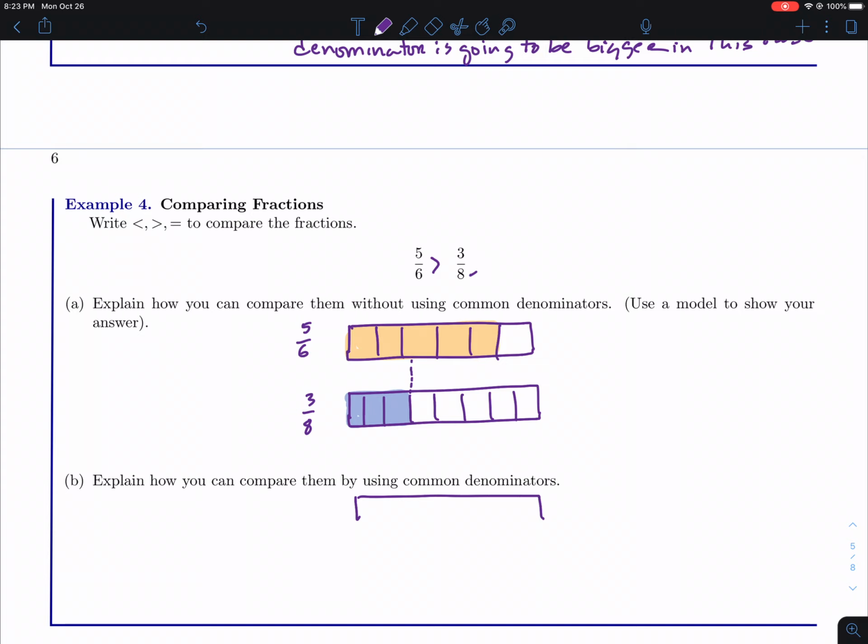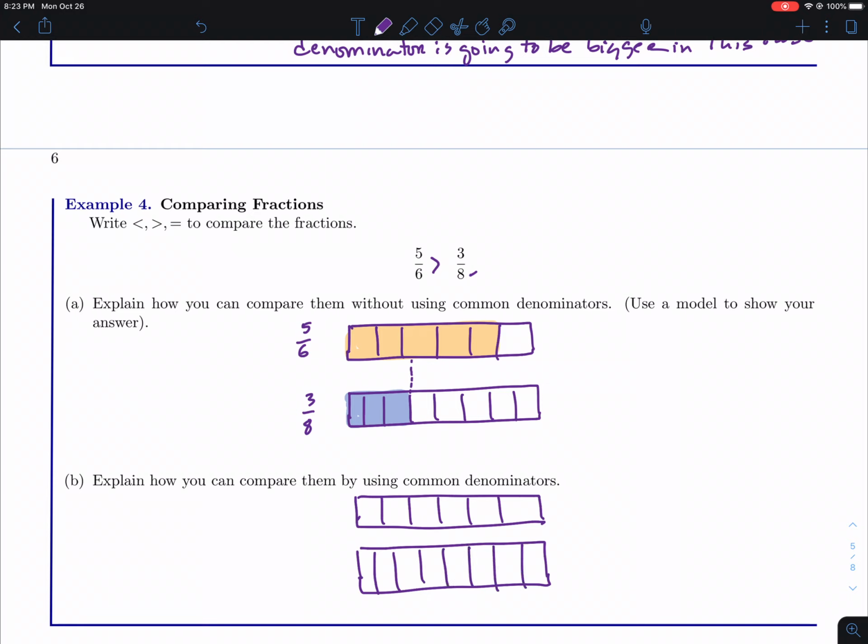So 1, 2, 3, 4, 5. All right, and then down at the bottom, 1, 2, 3, 4. Oh, I was drawing the same 5 again, sorry. 2, 3, 4, 5, 6, 7.